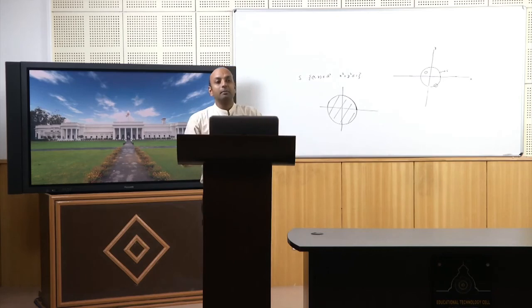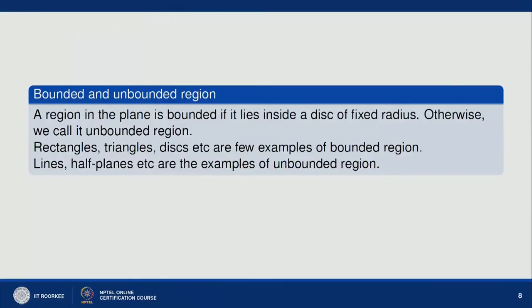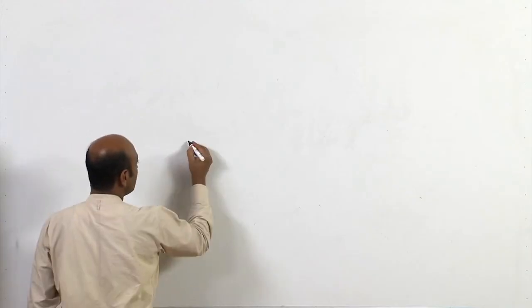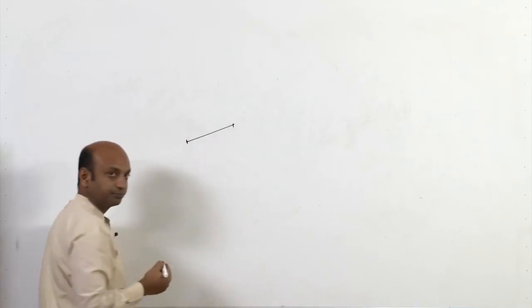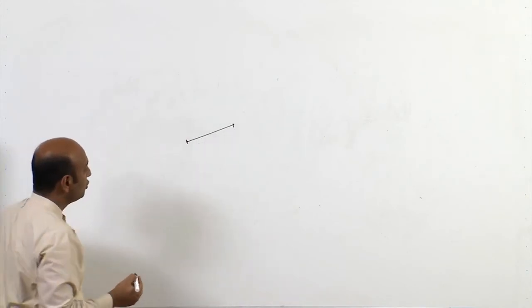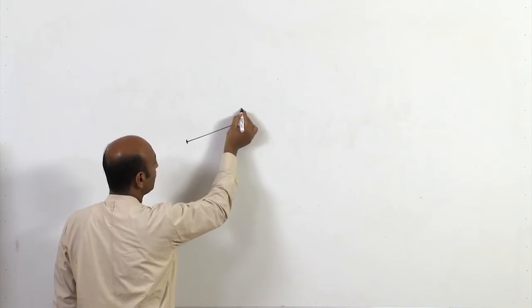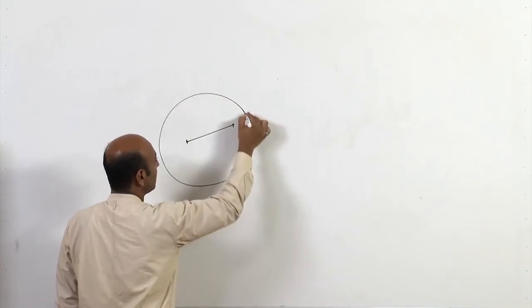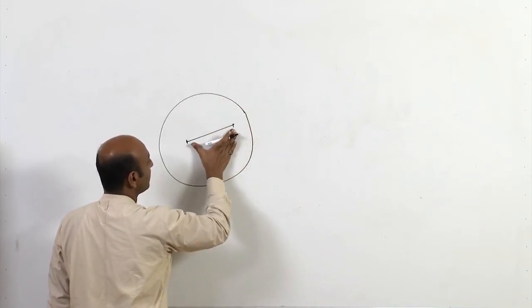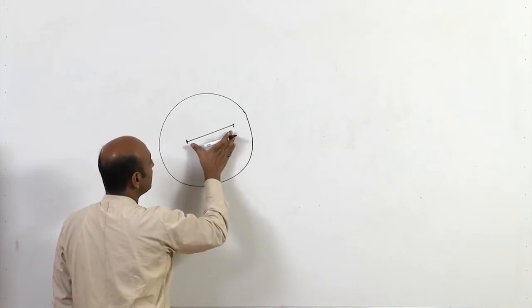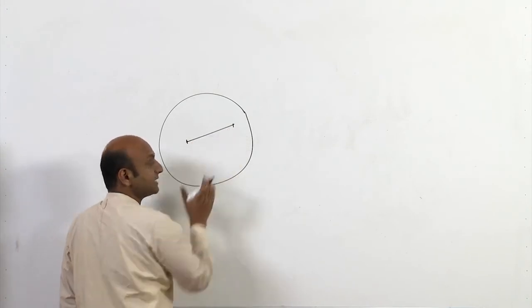Now, a region may be bounded or unbounded also. How can you decide that? A region in the plane is bounded if it lies inside a disk of fixed radius, otherwise we call it an unbounded region. Say you have this line segment. You can always find a circle of fixed radius inside which this line segment lies.